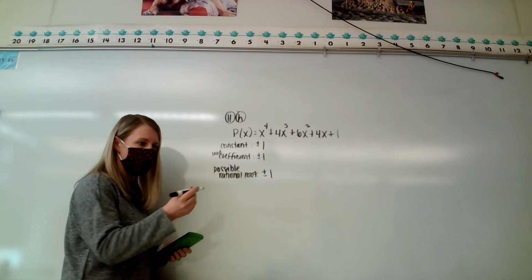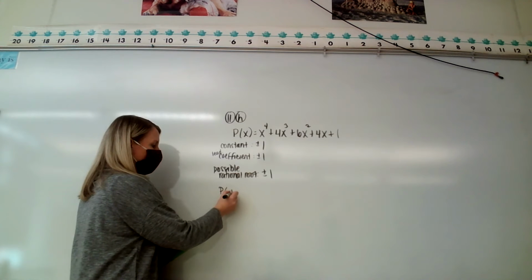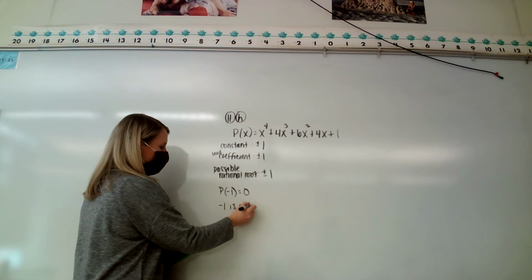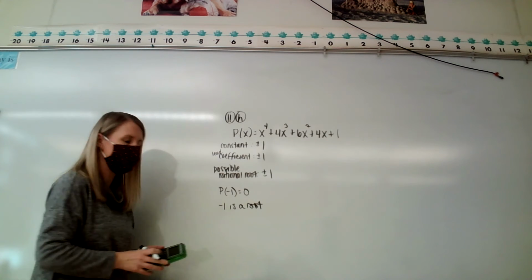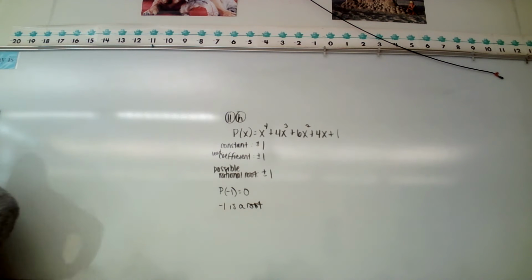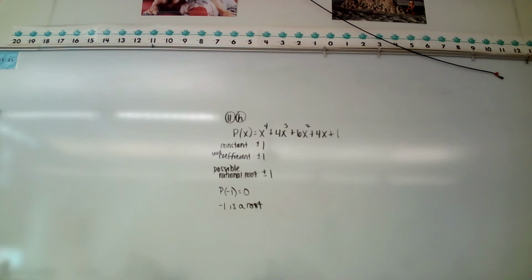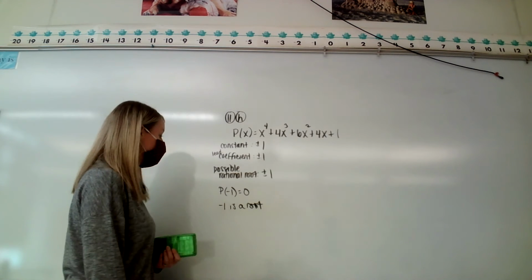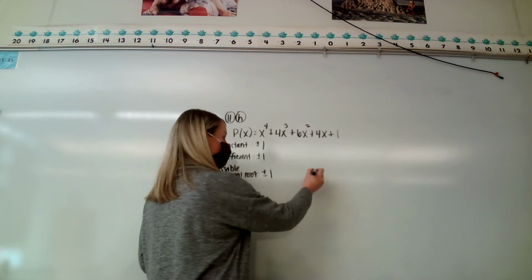Okay, so negative 1 is a root. When I do p of negative 1, it does come out to 0, meaning negative 1 is a root. So we can start with at least one root and go from there. So we're going to do a good old synthetic division.